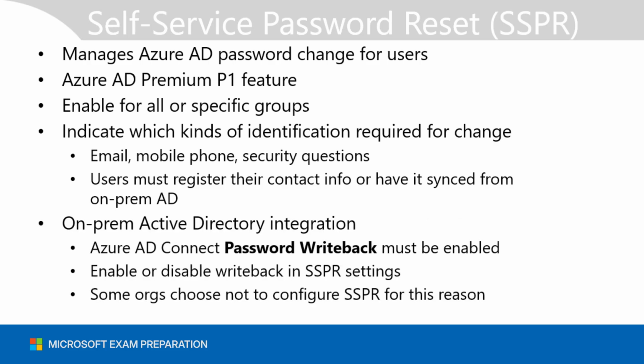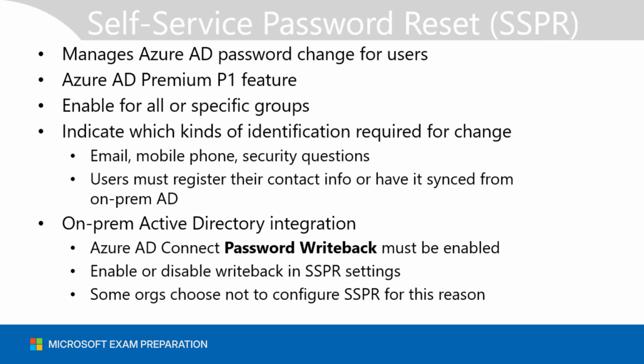If you do integrate with on-prem Active Directory, there's an important change that needs to be made in Azure AD Connect, and that's what's known as password write-back. Normally, Azure AD Connect does not write into your on-prem Active Directory, but think through this. If a user changes a password out in the cloud, we do want that password written back into the on-prem Active Directory, so that the user's password is the same in both places.